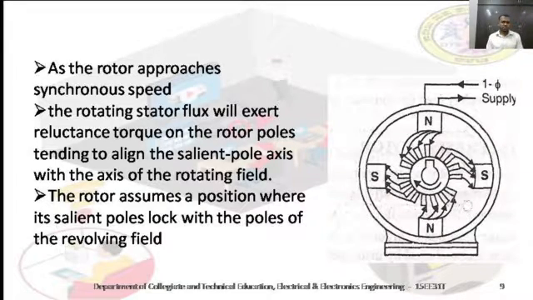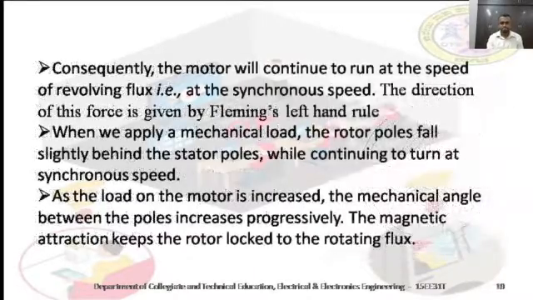The rotating magnetic field, and the rotor will be trying to catch the rotating magnetic field. When both get aligned in a single line, they get locked together. Consequently, the motor will continue to run at the speed of the revolving flux, at synchronous speed.